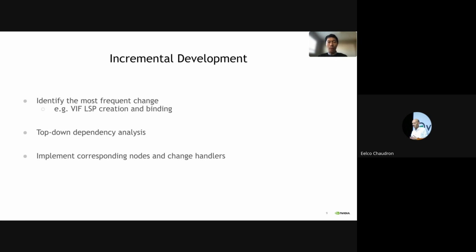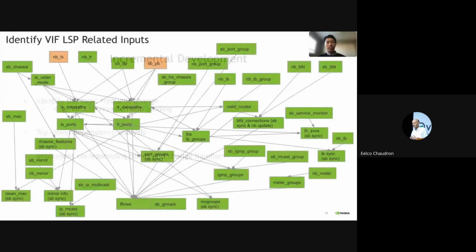Secondly, we use a top-down approach to analyze what dependencies are related to these input changes. Then we can implement corresponding incremental processing engine nodes and change handlers to handle those changes incrementally.